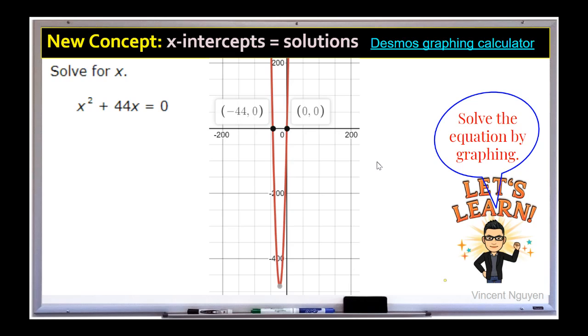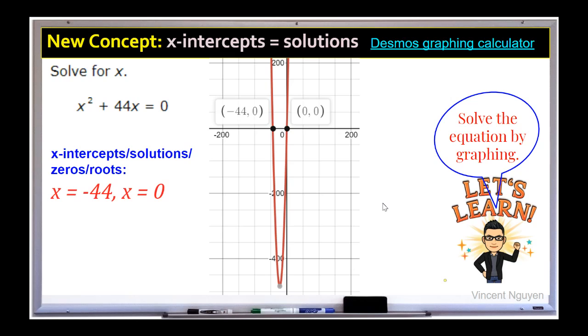You can zoom out to see the entire graph if you want to, but really we're interested in these two points right here, because those two points are where the x-intercepts are. You can see there's a negative answer here, that's negative 44, and there's a zero here, okay? So the graph touches the x-axis at two different places. And so we know that the x-intercepts, or solutions, or zeros, or roots, they all mean the same thing, are negative 44 and 0.